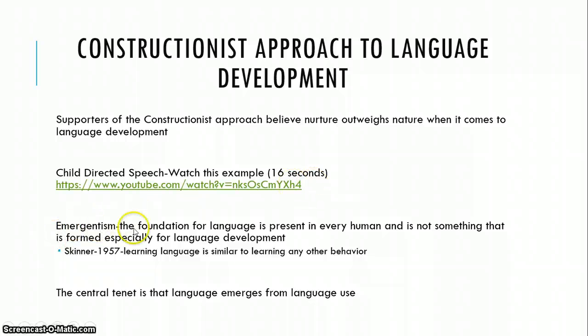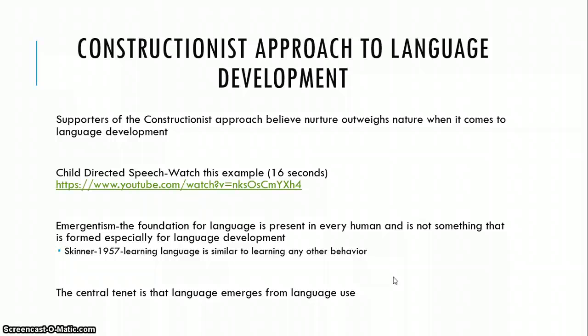And then I mentioned emergentism earlier, and that's the foundation. It's fairly new, a new development and kind of a new approach. And it's the foundation for language is present in every human and is not something that is formed especially for language development. And a gentleman by the name of B.F. Skinner had done a lot of the early work in 1957 in a book called Verbal Behavior.